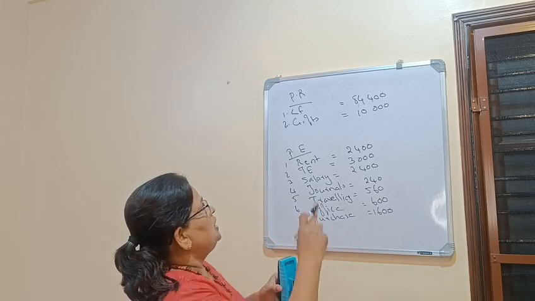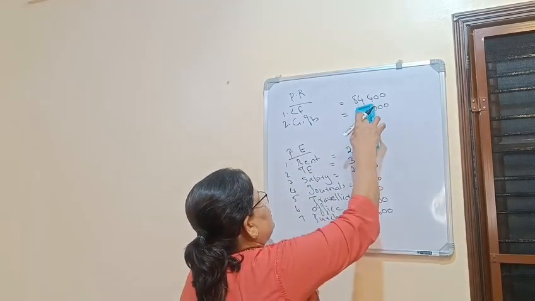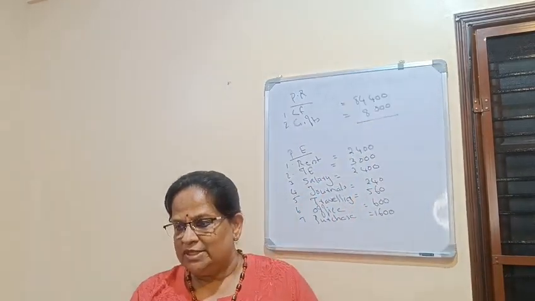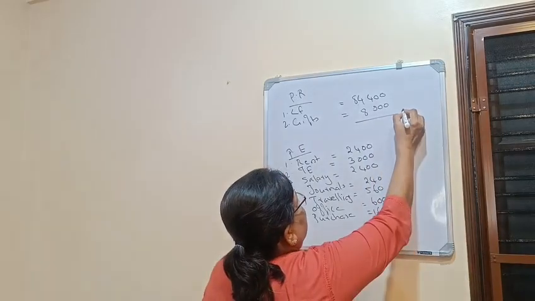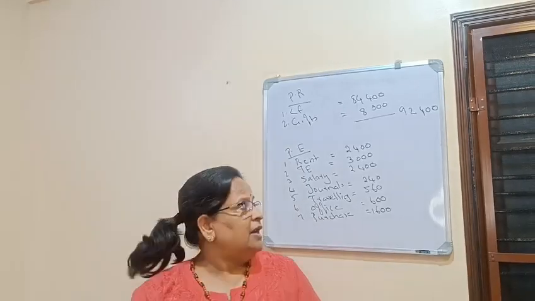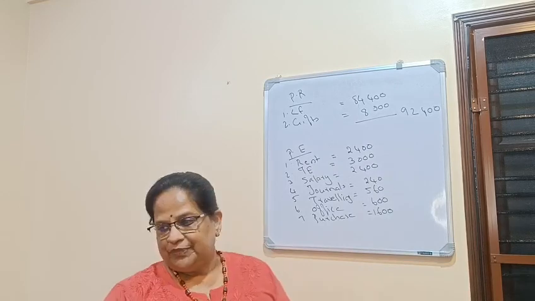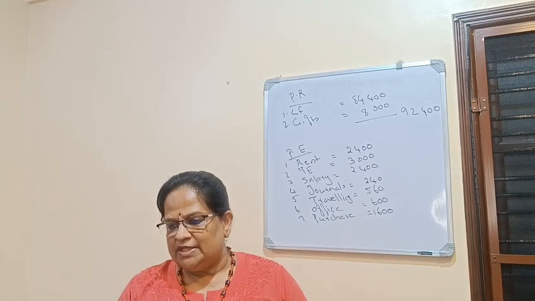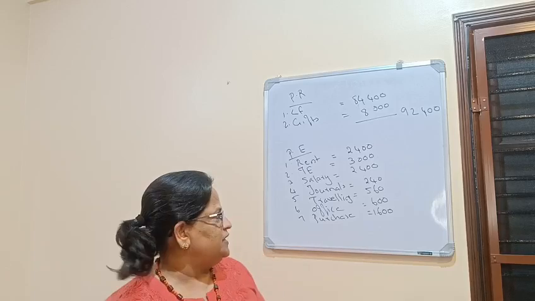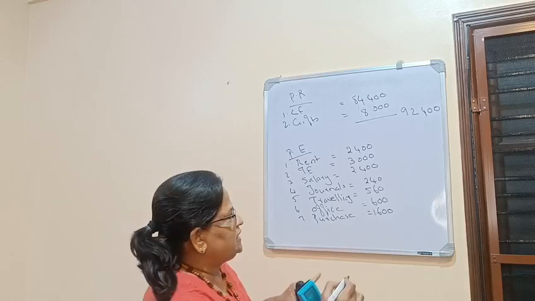So if you see the computation, legal fees 84,400, gifts 10,000 minus 2,000, it is 8,000. Take the total of this, 92,400. Now expenses: rent 2,400, telephone expenses 3,000, salary 2,400, subscription to journals 240, traveling 560, office expenses 600, purchase of stamp paper and court fee stamp 1,600.